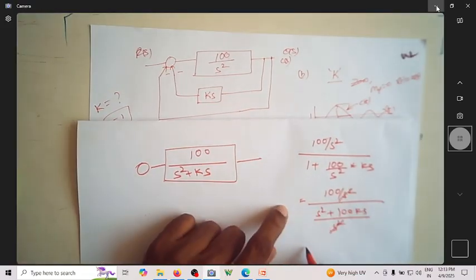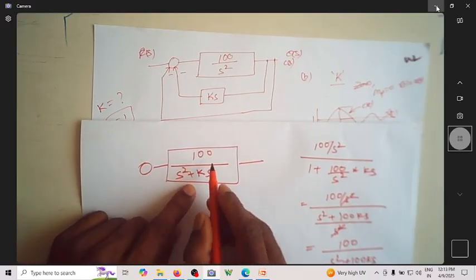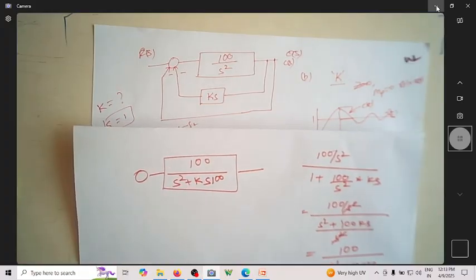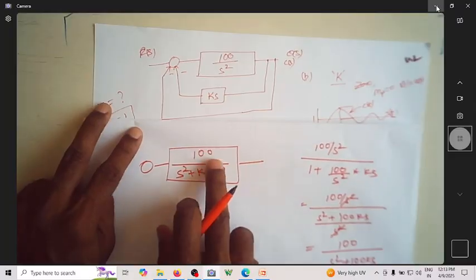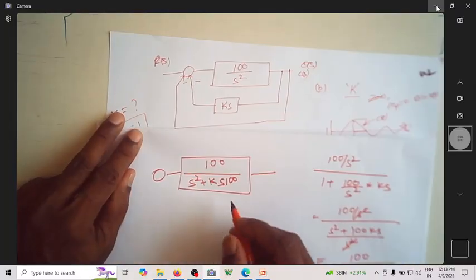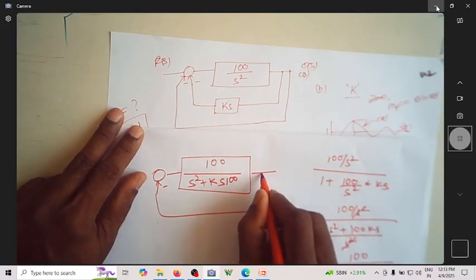This s square will go with this, so you'll end up with 100 by s square plus 100 ks. So this is ks into 100. This is the transfer function, the reduction of this feedback, and then you have this minus, and then you have this.